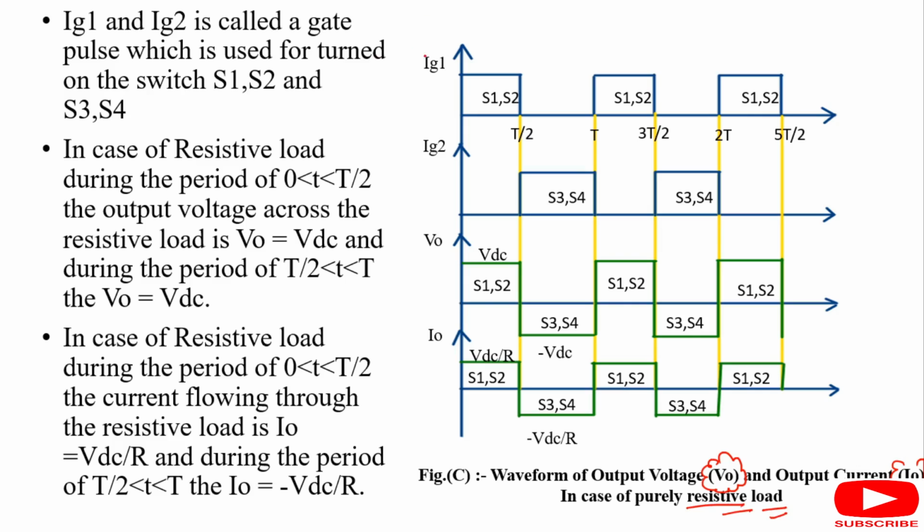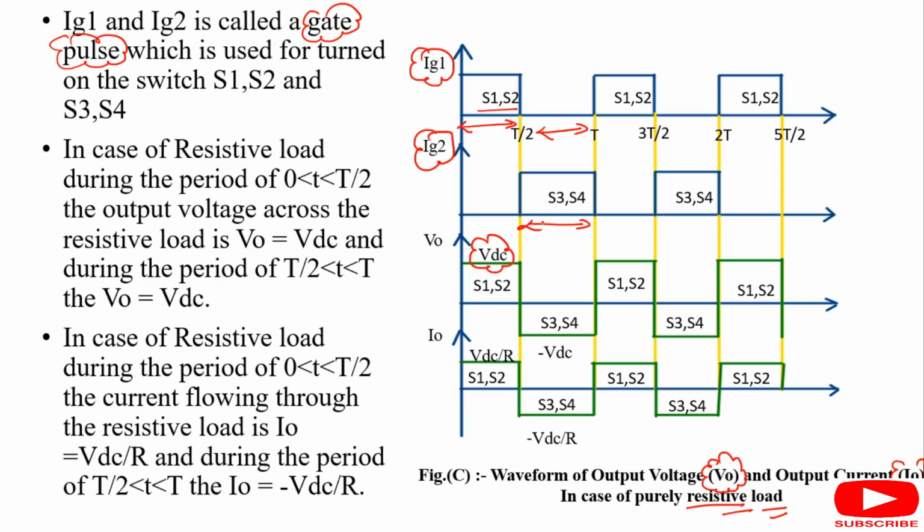Here Ig1 and Ig2 are called gate pulses, which are generally used to turn on the switches S1 S2 for the time period of 0 to T by 2, and to turn on the switches S3 and S4 for the time period of T by 2 to T. So for the time period of 0 to T by 2, the magnitude of the output voltage is VDC.